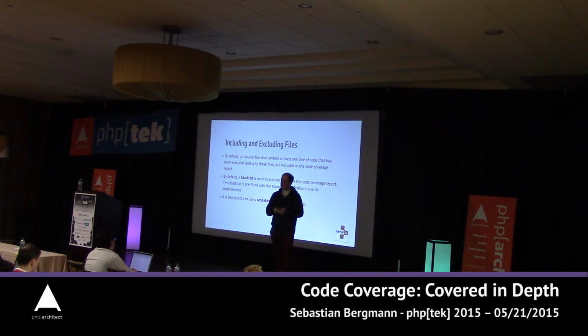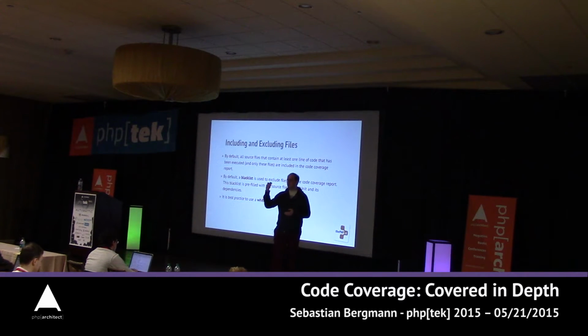However, it is a best practice to configure a whitelist. Tell PHPUnit, here is the one directory in which I'm interested, like your src or app directory or your library directory or whatever. You can configure as many directories as you want.